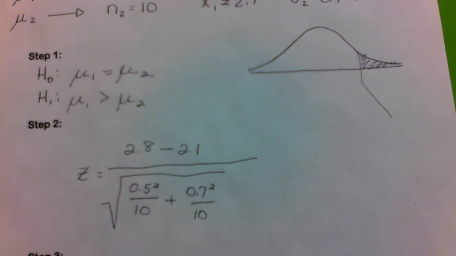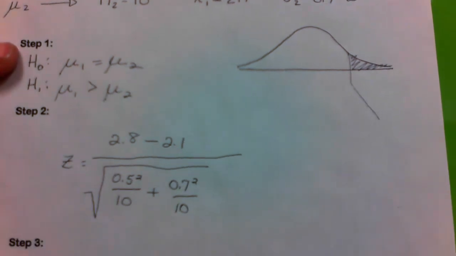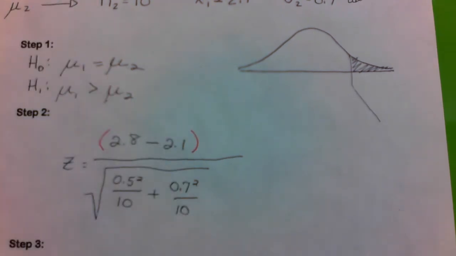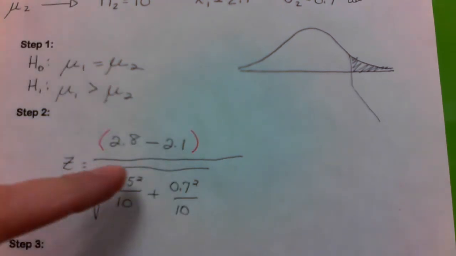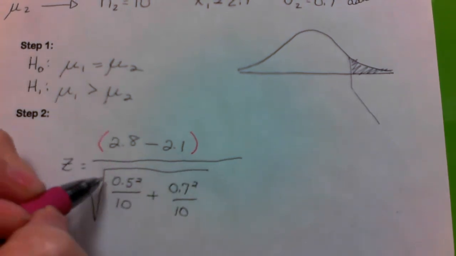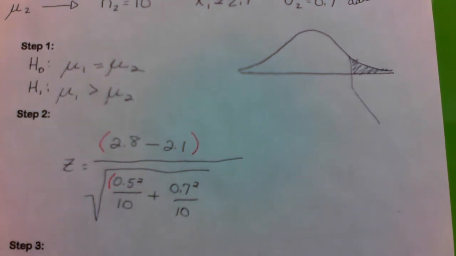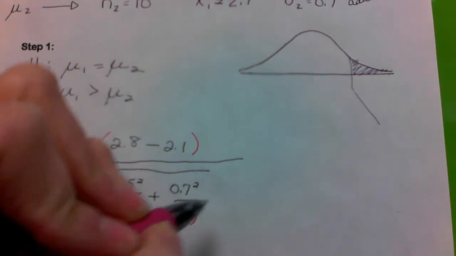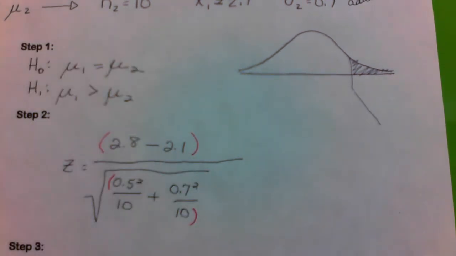Now, the key here is when you put this into your calculator, you're going to enclose the numerator in parentheses. Then you're going to push divided by. You're going to open this radical or this square root. There'll be a parenthesis to start it. You do not use another parenthesis until the end, and then you will push equals.